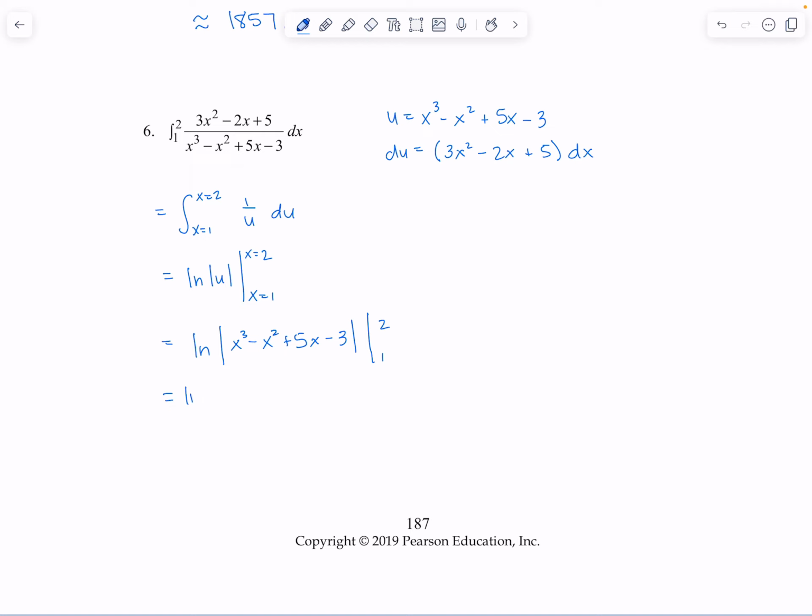This will give us the natural log of 2 cubed minus 2 squared plus 5 times 2 minus 3 minus the natural log of 1 cubed minus 1 squared plus 5 times 1 minus 3. Simplifying this will be the natural log of 11 minus the natural log of 2, which is approximately 1.7.